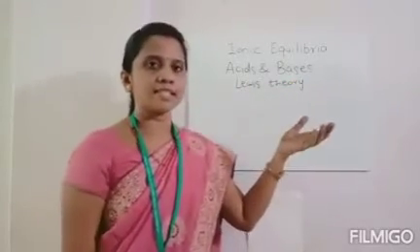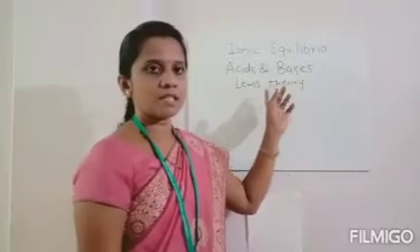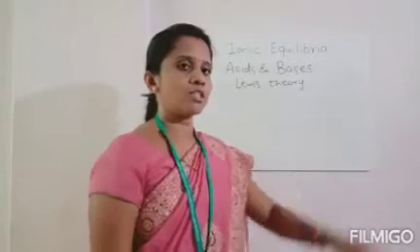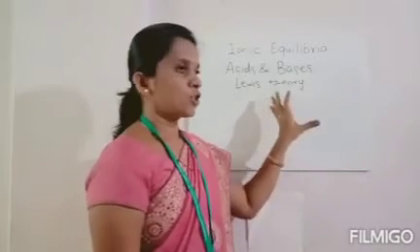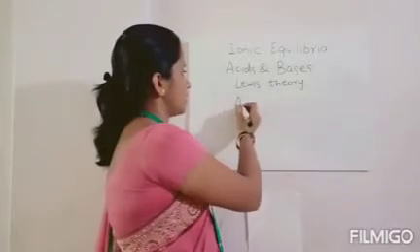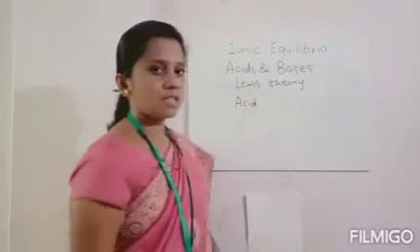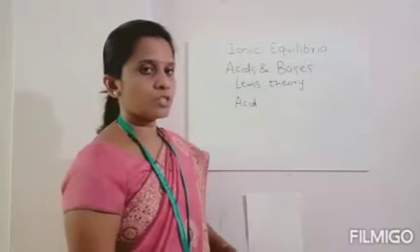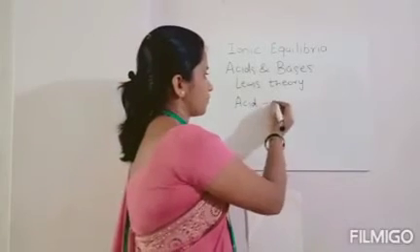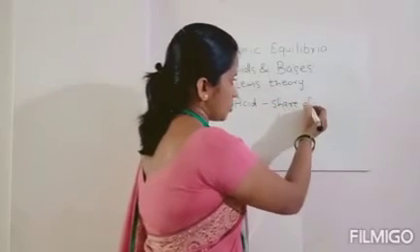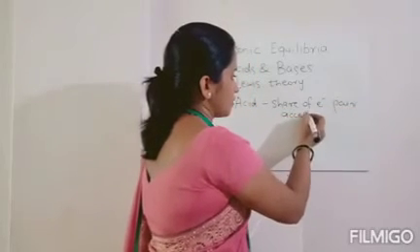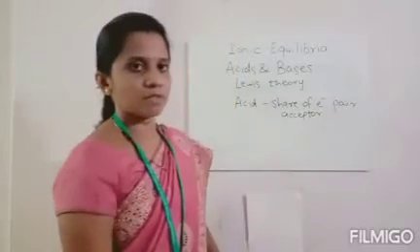Now the more generalized theory of acids and bases is put forward by G. N. Lewis, which is based on electron transfer. Electron pair is considered in this theory, and according to this theory, acid is anything which accepts a share of electron pair, share of electron pair acceptor.